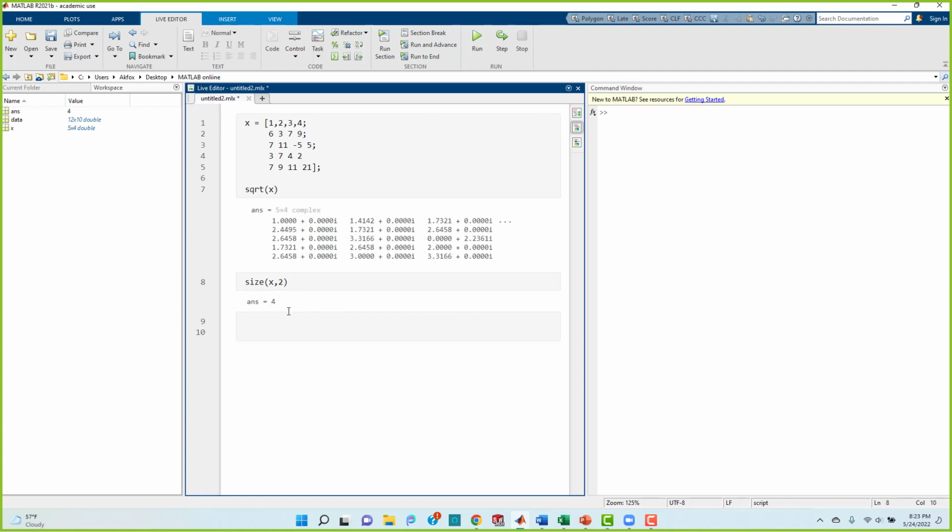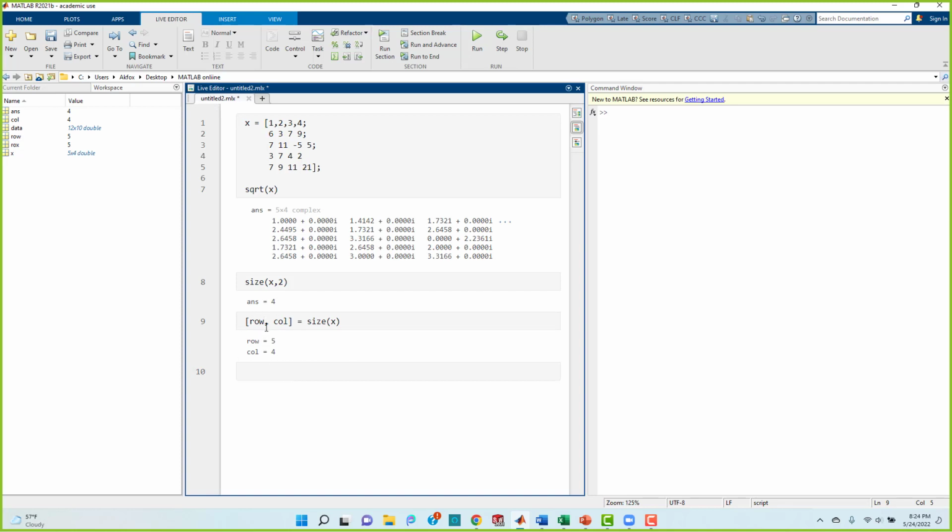But the thing with size is you can assign the output to 2 variables. It will assign to the first variable the number of rows, and to the second variable the number of columns.